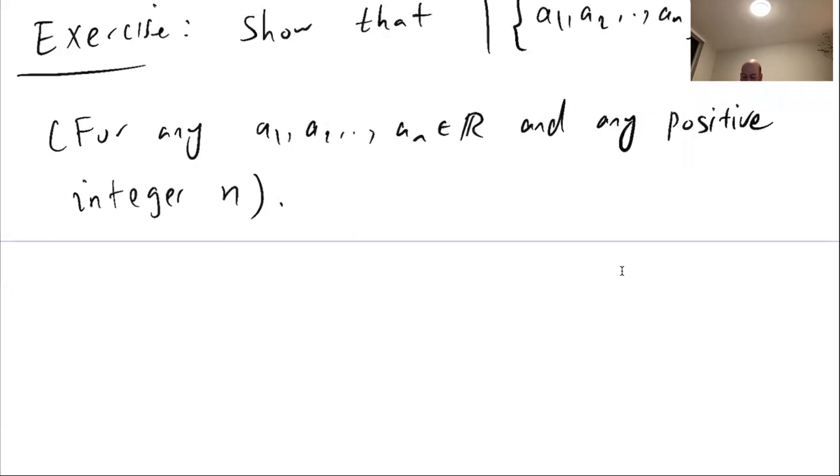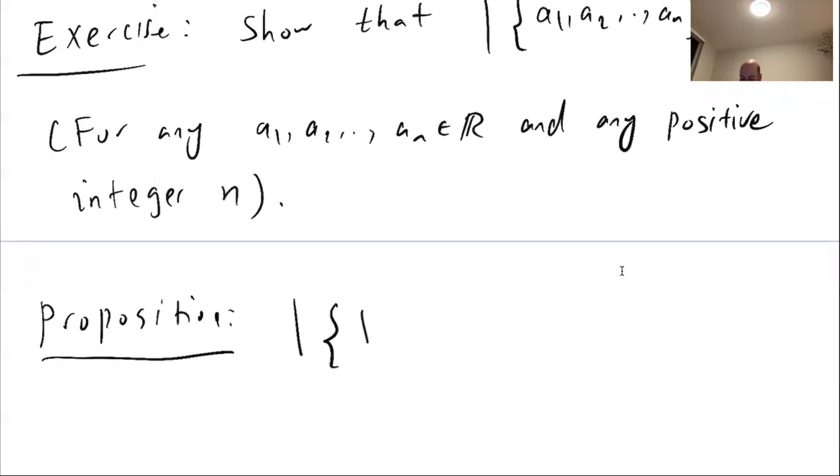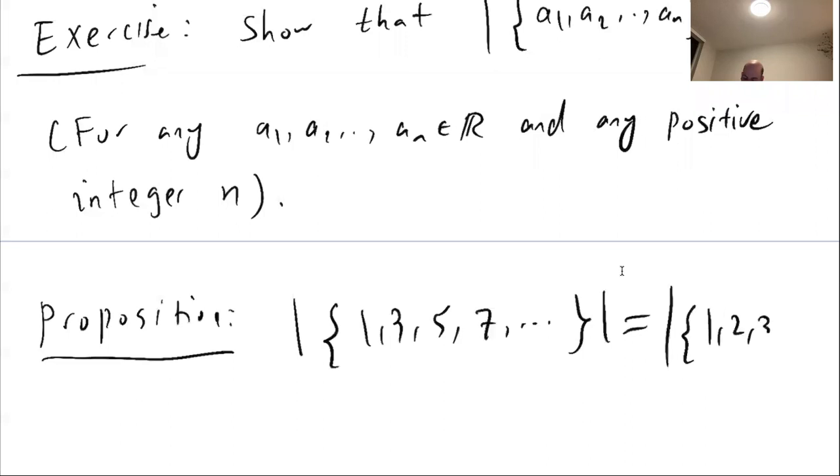the very first surprising result I want to tell you about is, let me call it a proposition, that the cardinality of odd numbers is equal to the cardinality of all natural numbers.